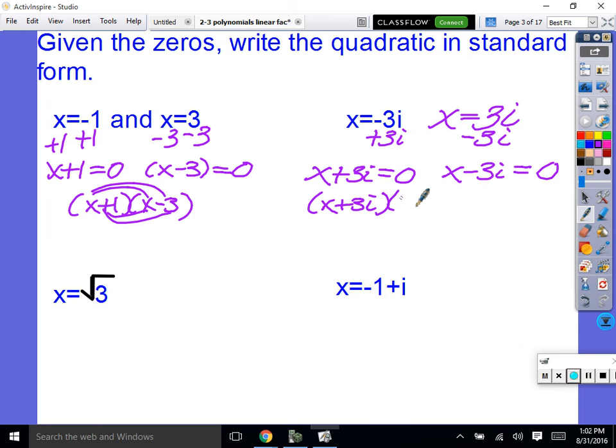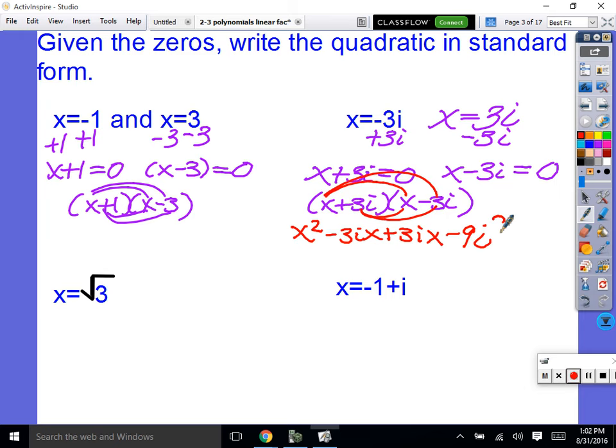Now, a lot of you multiplied this wrong, so I want to do this one quickly. So pay attention and ask if I am not making sense. We have an x squared minus 3i x plus 3i x. Careful, this is where people messed it up. Minus 9i squared. 3 times -3 is -9. i times i is i squared.